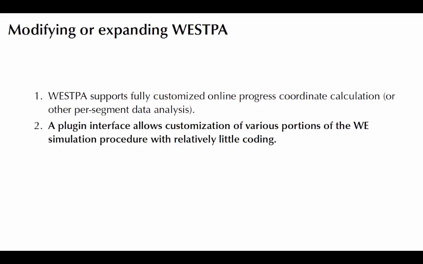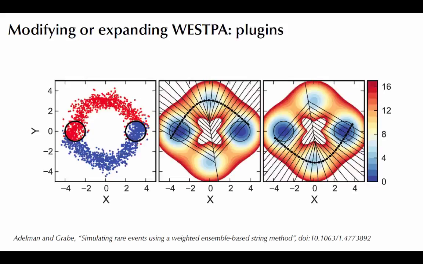If you want to modify the simulation loop, as we'll hear about a little later, there's a facility called plugins that let you write little snippets of Python code to modify the WESTPA simulation loop as it goes. And just to give you an idea, Josh Edelman and Michael Grabe's group implemented a string method to toss a trajectory through the lowest free energy region.